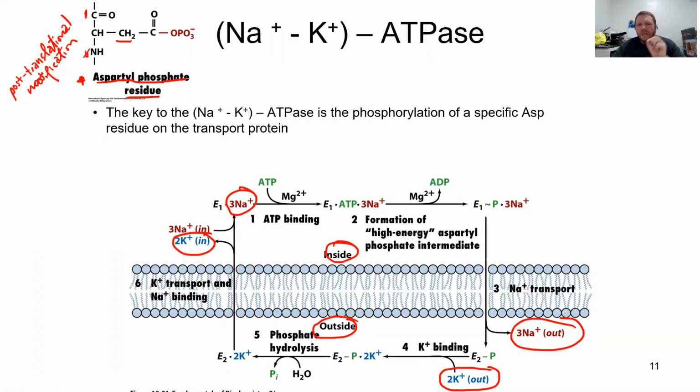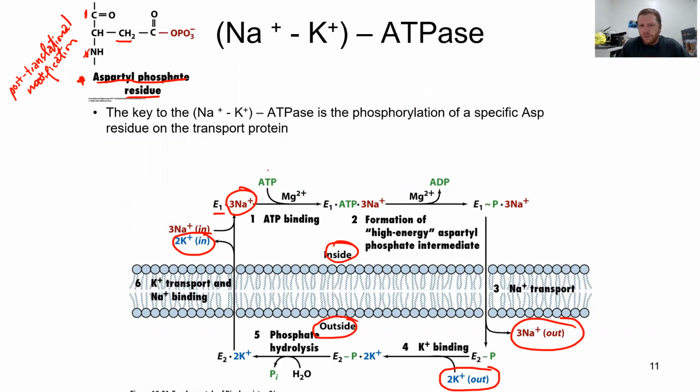Now, the key to all of this is centered around that amino acid, that aspartic acid, and the phosphorylation of that aspartic acid. So we've got these 3 sodium ions. We have our enzyme E1 in its initial state.